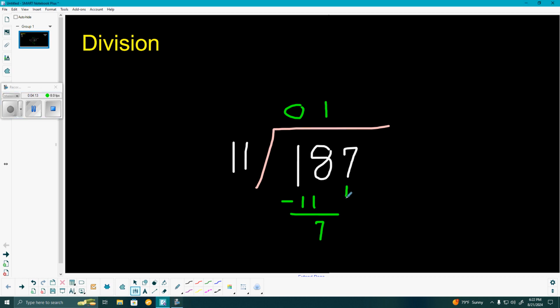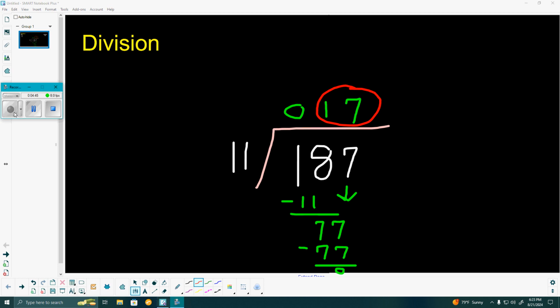You bring the next number down. So I'm going to bring down this 7 also, and I have 77. I know that 11 can go into 77 7 times, because 11 times 7 is 77. So I'm going to subtract that, and I get 0, meaning that my answer is 17.